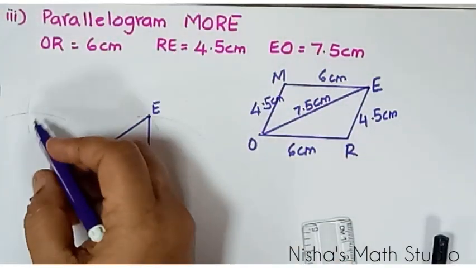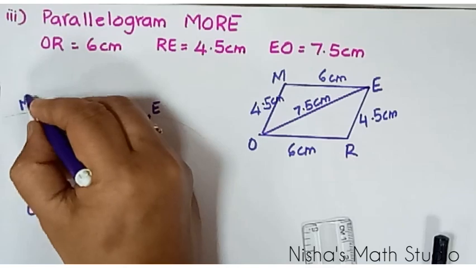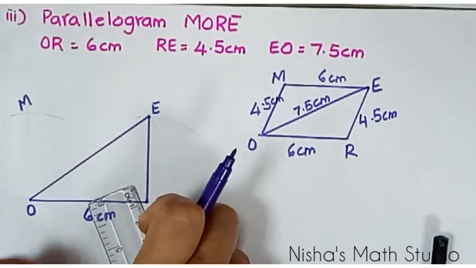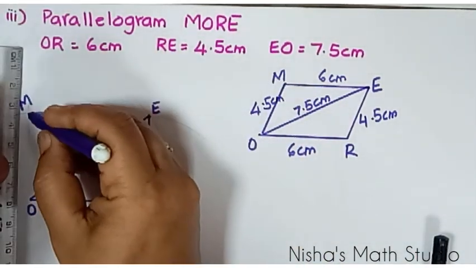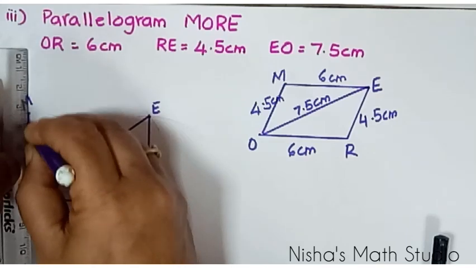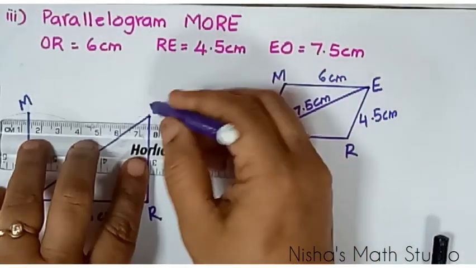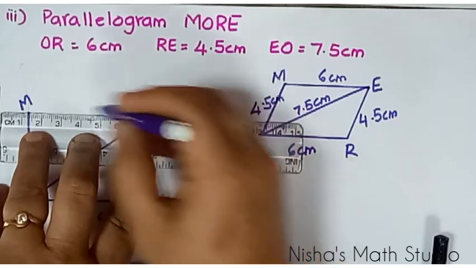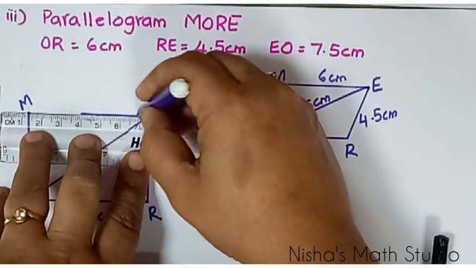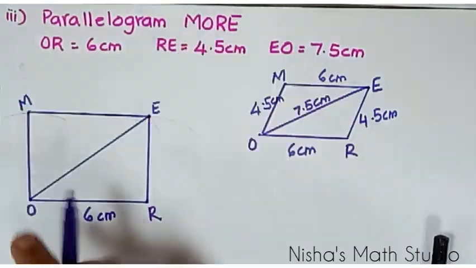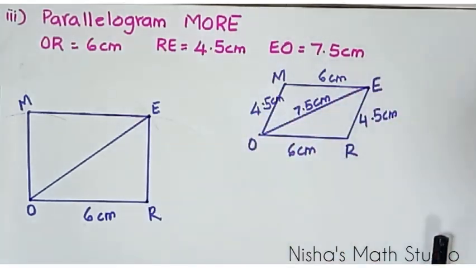This intersecting point will be called M. Now you join OM and ME. MORE is the required parallelogram.